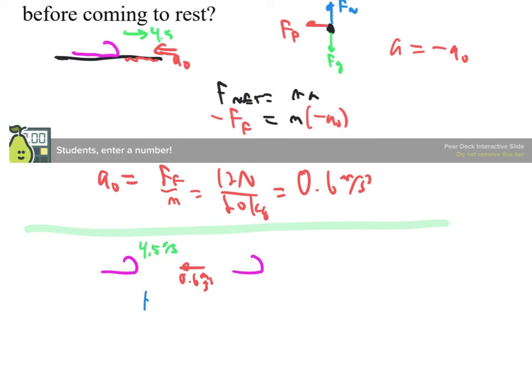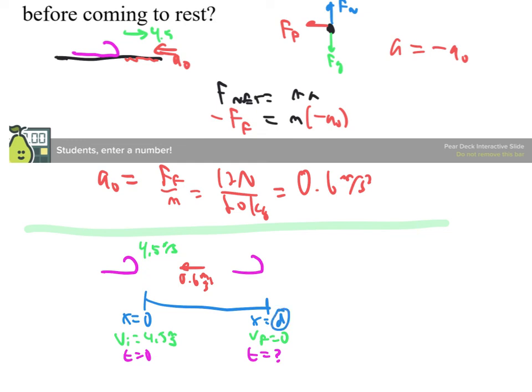Let's find the distance it travels. So I'll say here it starts at the origin, but ends at the distance I'm looking for. It has an initial velocity of 4.5 meters per second and ends at 0. And of course, there's the time. Starts at t equals 0, ends at some unknown time. I don't want that. What I wanted was this.